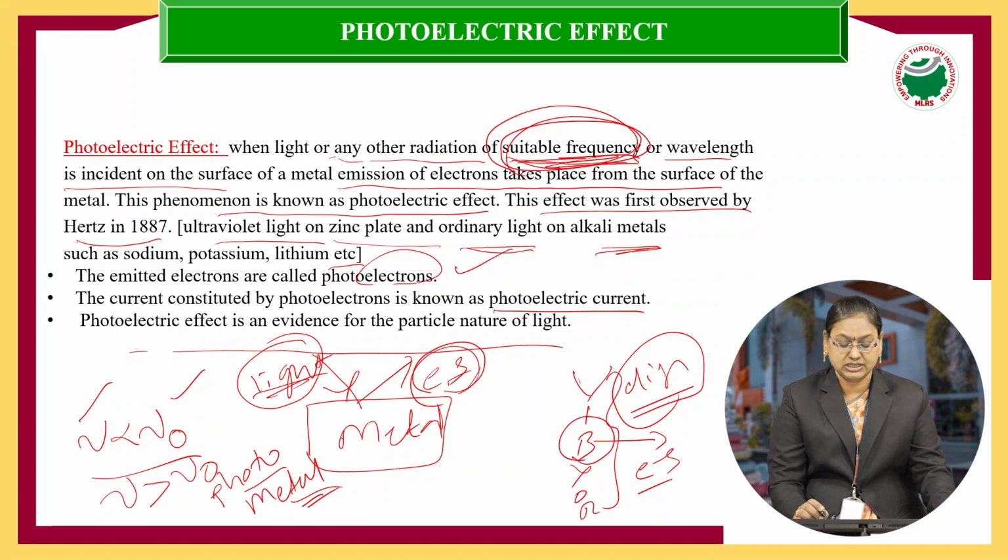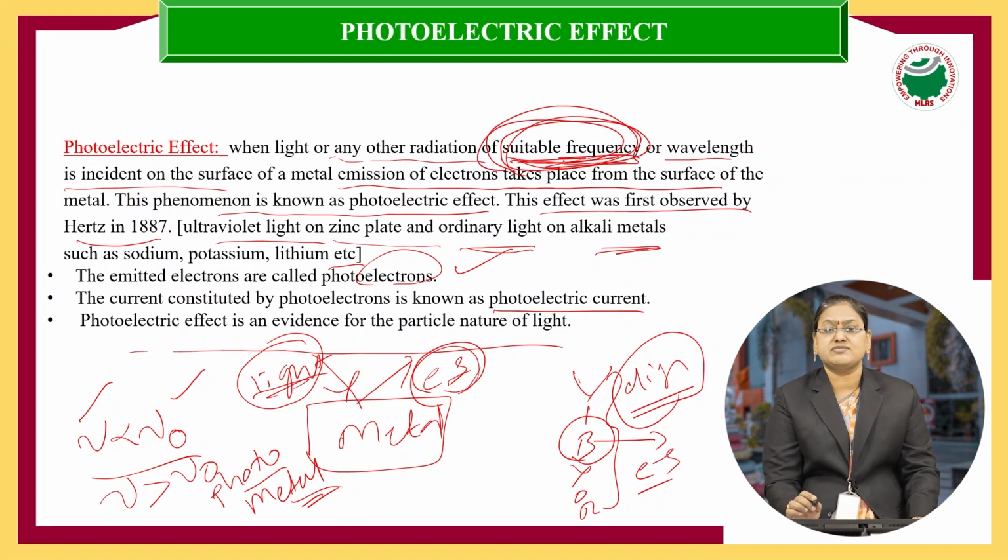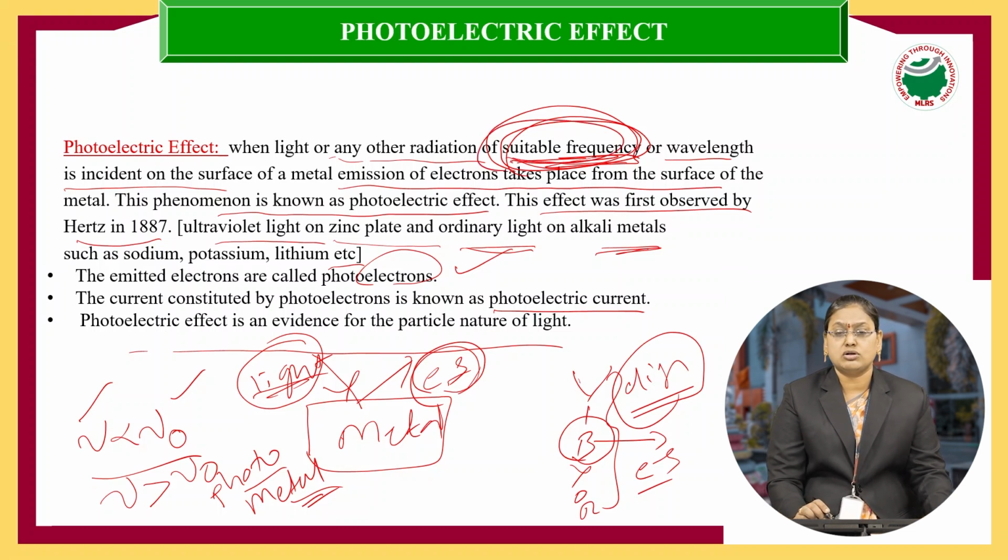So, here we have defined threshold frequency. The suitable frequency point is very important, because light consists of different colors having different frequencies, and all these frequencies are not responsible for emission of electrons. Only a particular frequency will emit electrons from the surface of the metal.